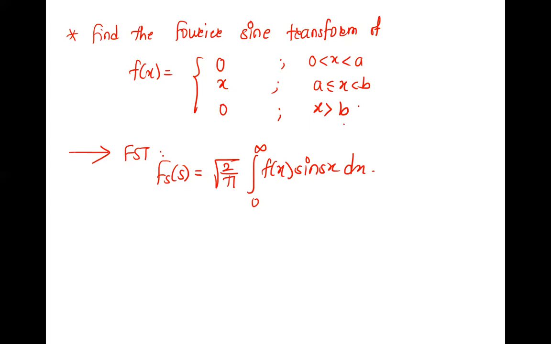So this one is correct. Chalo, we'll put the function. Function is x. Very good. All the remaining are 0. No need to consider. And this x is on the interval a to b. So integral a to b x sin sx dx.